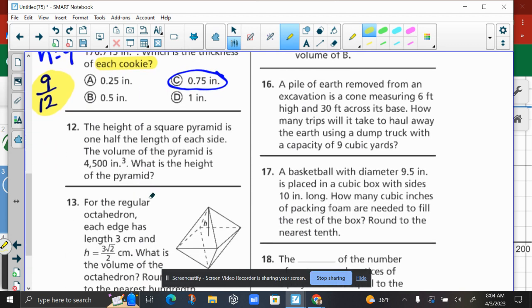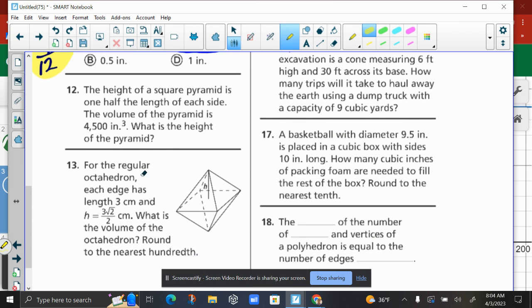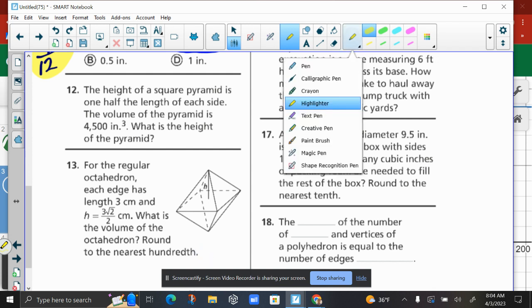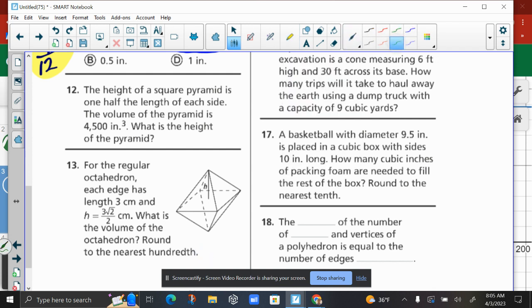Number 12. For the regular octahedron, each edge has a length of 3 centimeters and the height is 3 square root of 2 over 2. What is the volume of the octahedron? So really, our brains have to think this is just a pyramid. So this is a pyramid stacked on another pyramid.